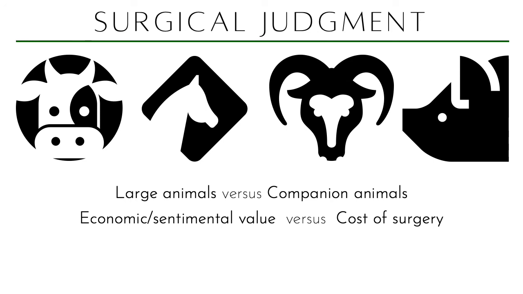Hanggang dun pa lang yung lagi kong nakikita for my very young 7 years in practice. Okay, I've seen a horse under general anesthesia, but it's just because they did arthrocentesis. They collected joint fluid from it, and it can't be done for that horse nang gising siya. So, it's not even treating something.